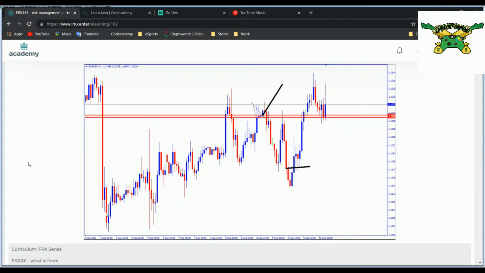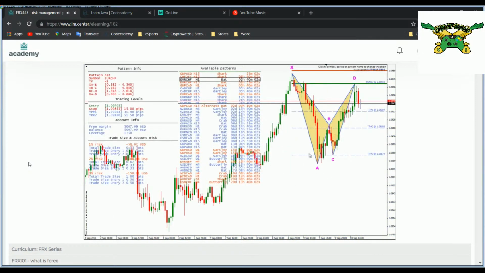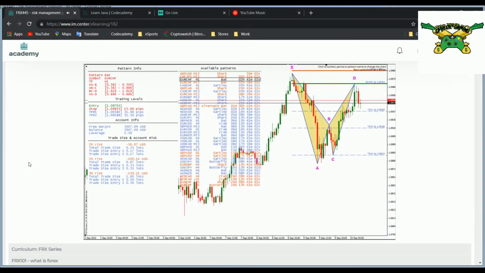That means that you can look at another pair. Let's just use this. So you say to yourself, wow, I could trade. This is my harmonic scanner from the company.